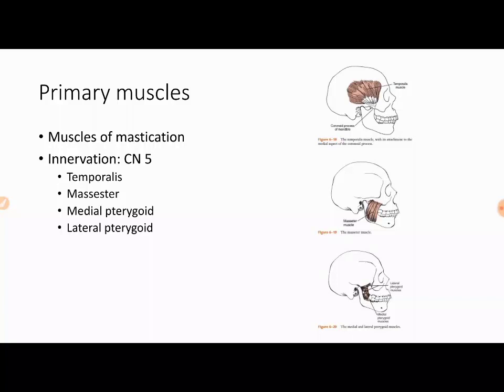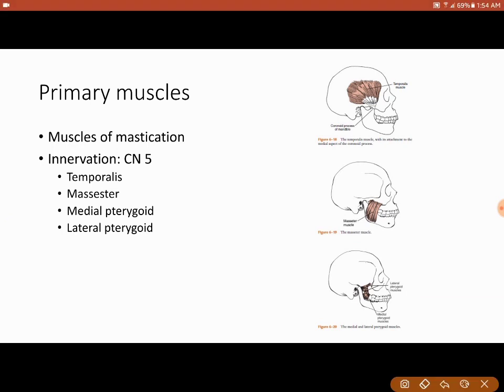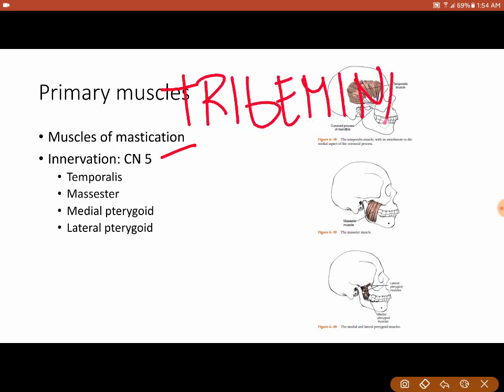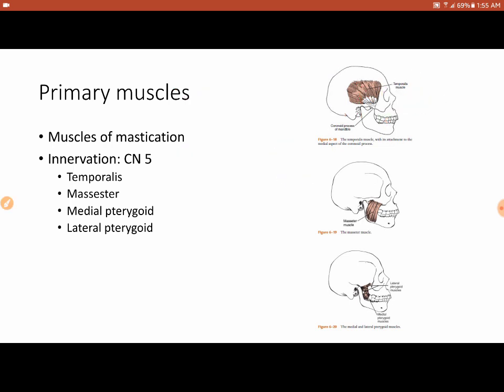So let's talk about the muscles. So we have your muscles of mastication, which are innervated by cranial nerve number 5, or also known as trigeminal nerve. So those are your temporalis, masseter, medial pterygoid, and lateral pterygoid.